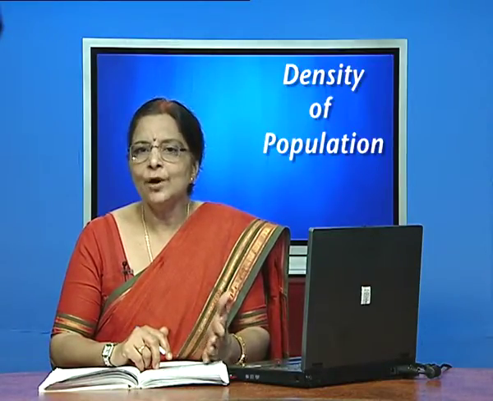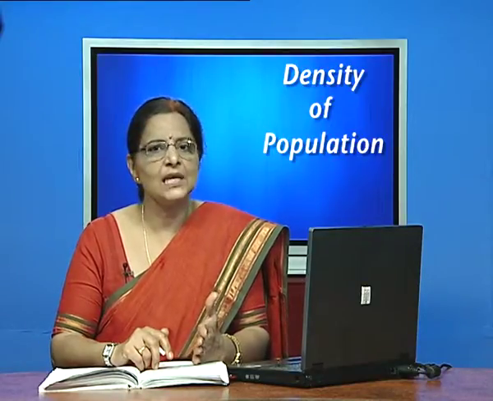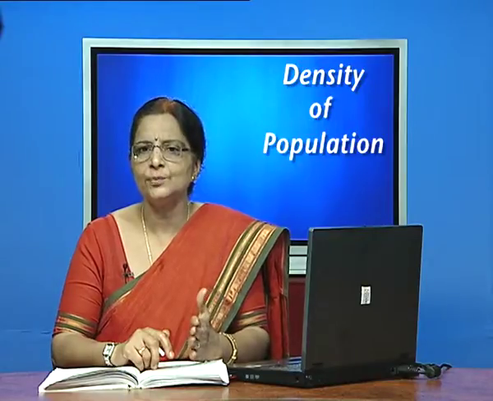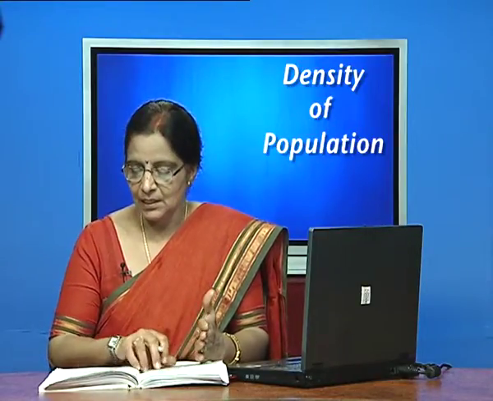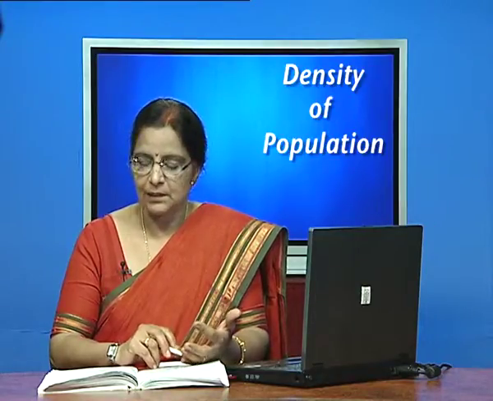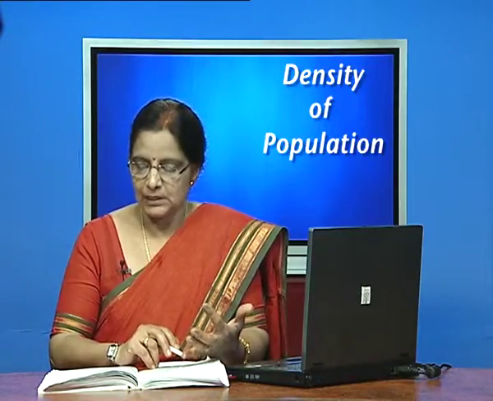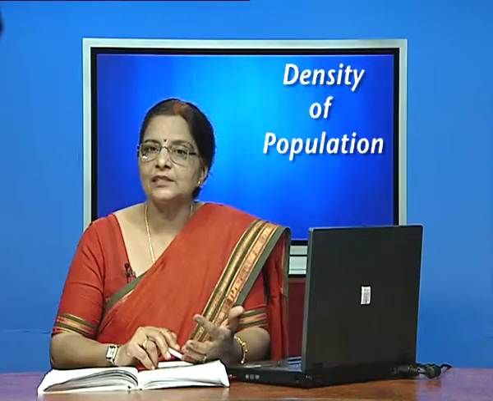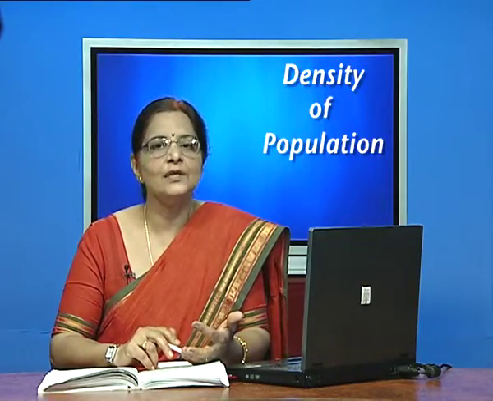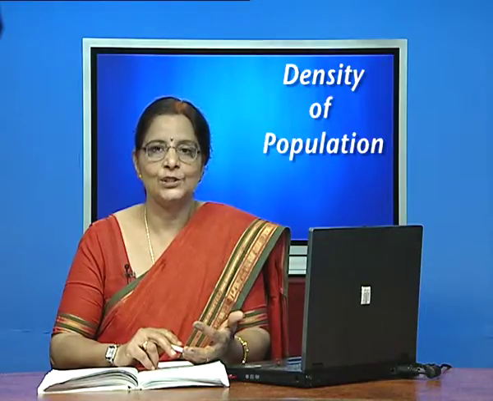So, it will be wrong to say that only the natural factors are responsible for the uneven distribution of density, but there are certain social, economic, demographic, political and historical factors as well, which are responsible for the uneven distribution of population.